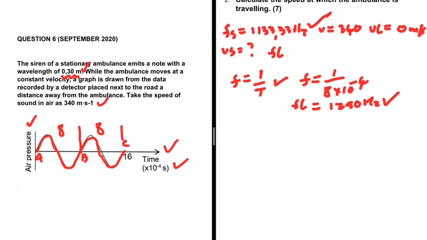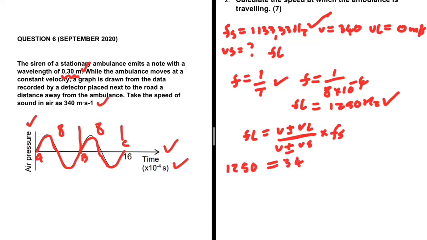So what are we saying? We're saying that FL, now that we have our variables, is V plus or minus VL divided by V plus or minus VS, multiplied by FS. So let's go ahead and substitute. FL, 1250, is equal to V, the speed of sound in air, that is 340.